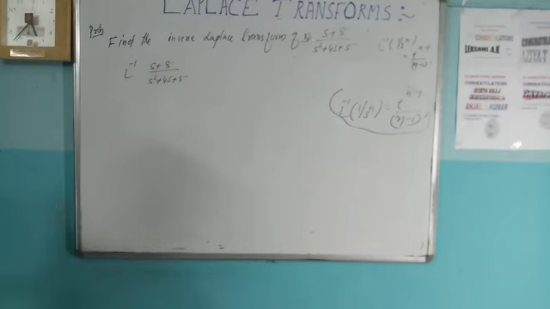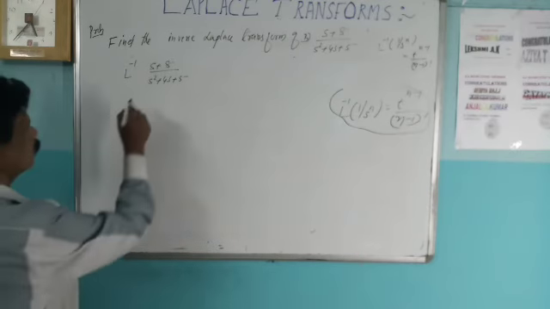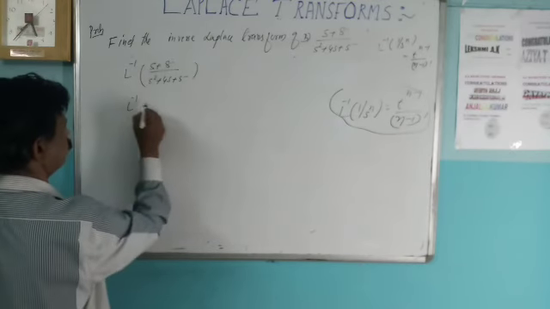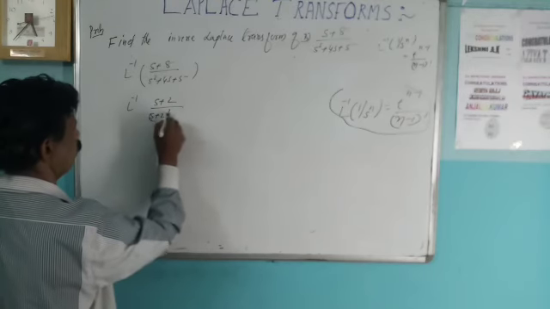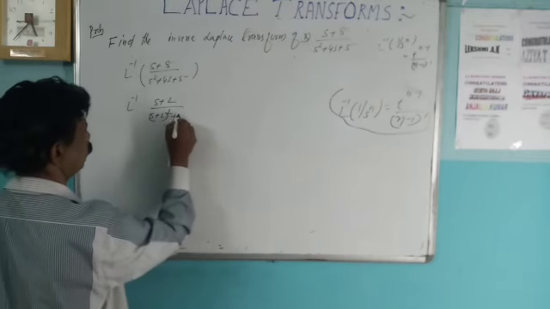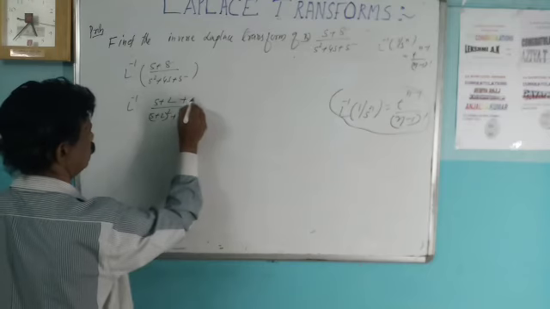We can factorize this term, 4, 5, no, there is no possible factorization. So we can write Laplace inverse of (s plus 2) divided by (s plus 2) whole square plus 1, plus 6.